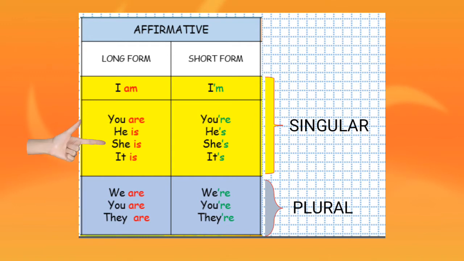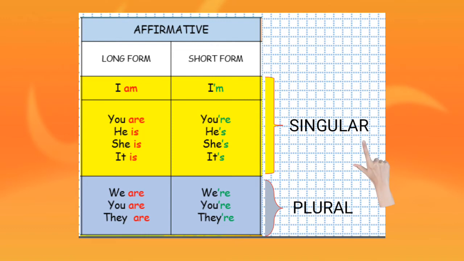Short form, she's, S-H-E apostrophe S. She's. Next, it is. Short form, it's, I-T apostrophe S. It's. So these are the verb to be that match with singular form.